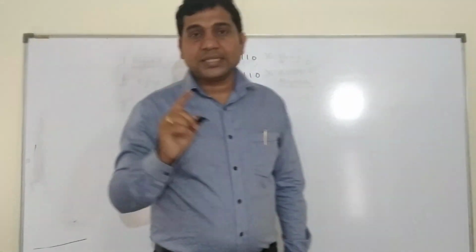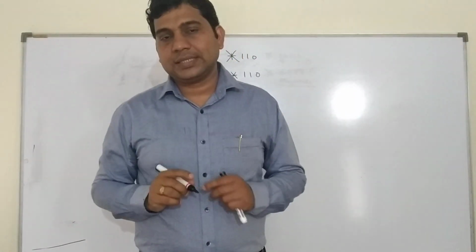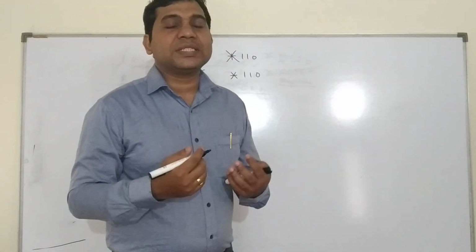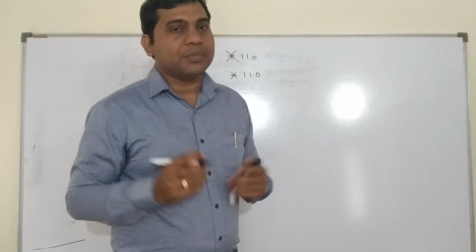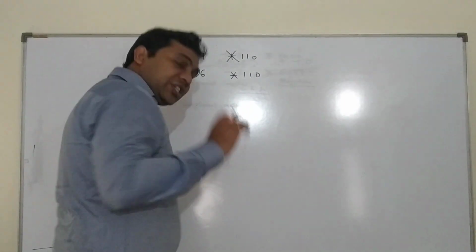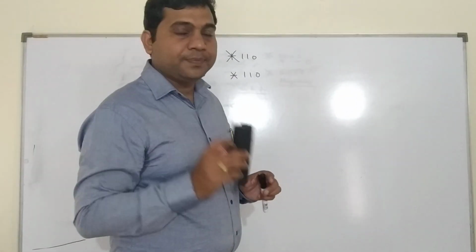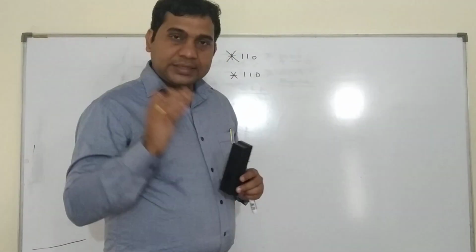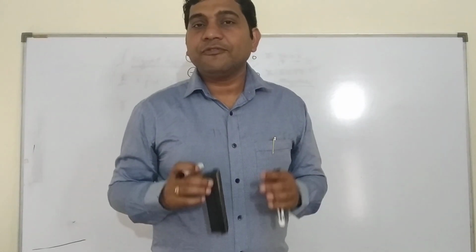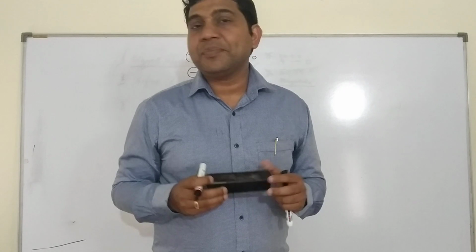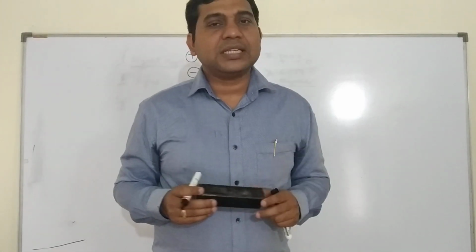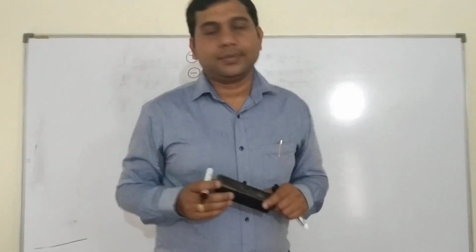Since in binary number systems we have only two digits, 0 and 1, we need to use 0 and 1 to represent the negative and the positive numbers. So there are three representations. Number 1, signed magnitude. Number 2, it's a signed 1's complement method. And number 3, it's a signed 2's complement method. Let me first start with the signed magnitude method.